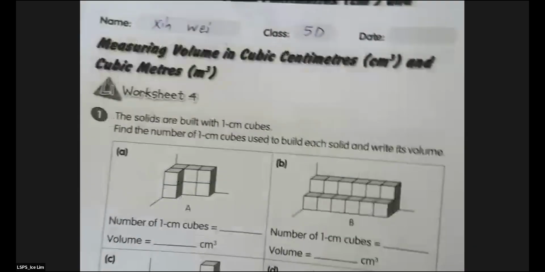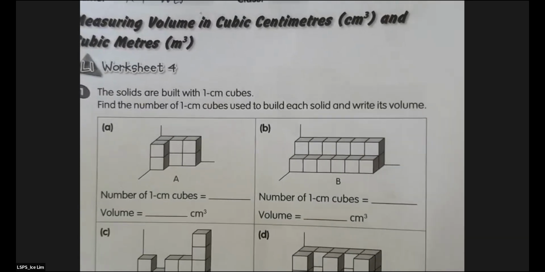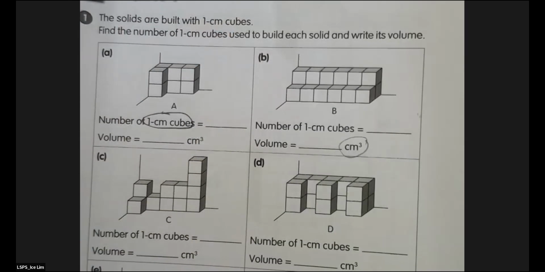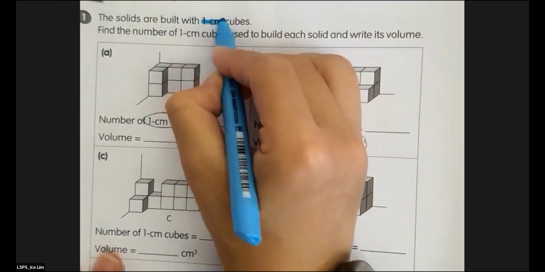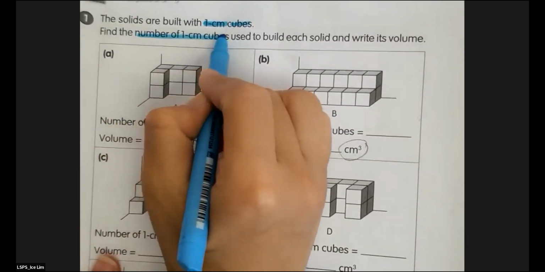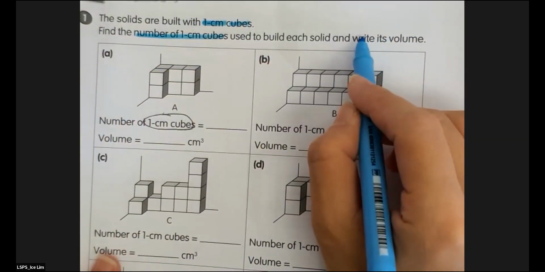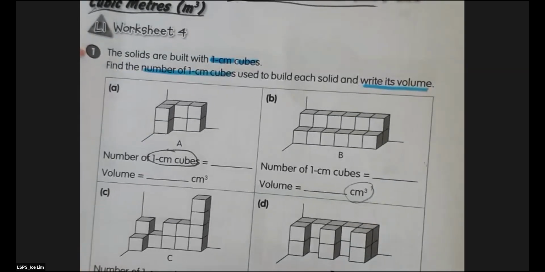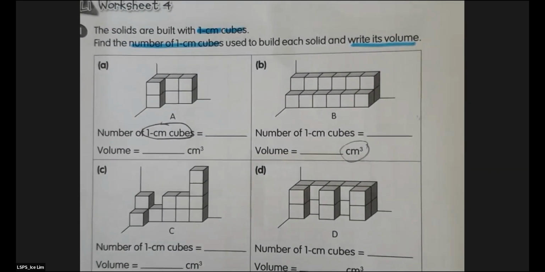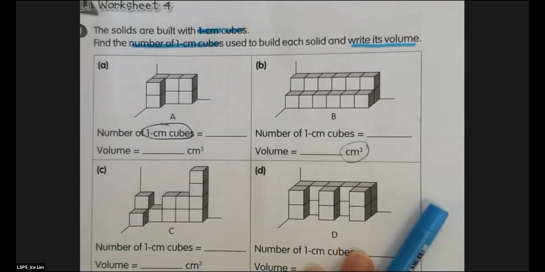Okay, are you looking at this one now? What are the important keywords in the question? Please circle, underline, or highlight the keywords. We are looking at 1 cm size cubes. We'll find the number of the 1 cm size cubes and write down its volume. Okay, I underline the important words here. If you still need the cubes to build, you can use the cubes to build. Otherwise, please try this now. I set the timer for you.